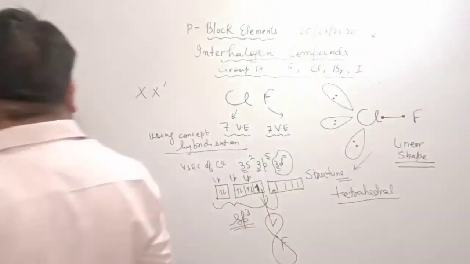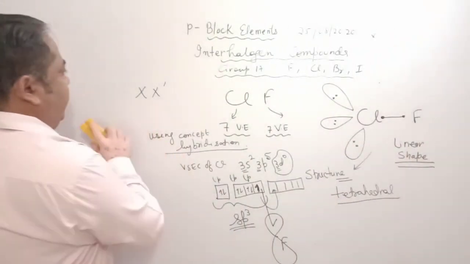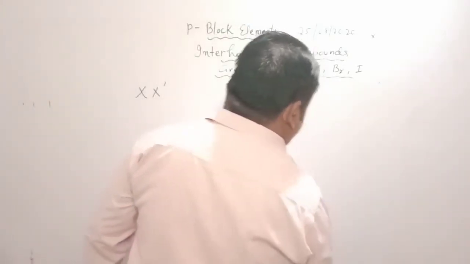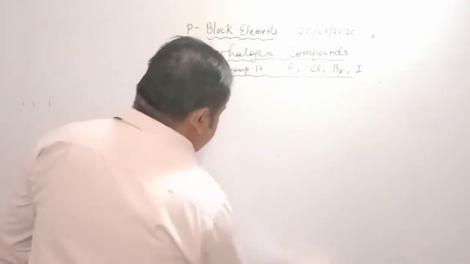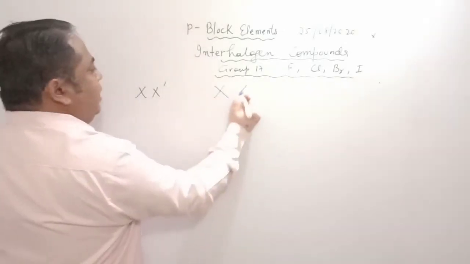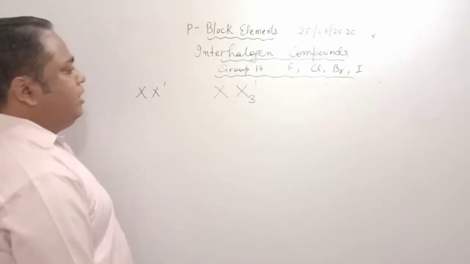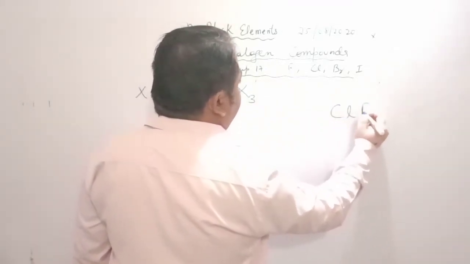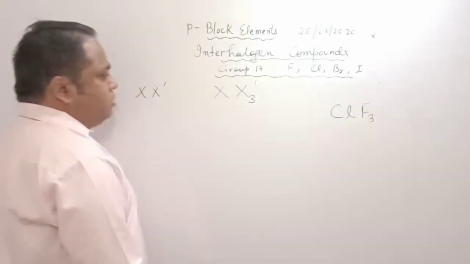Next, I'll take X3 type of interhalogen compounds. Let us take X3 type of interhalogen compounds. So ClF3 if I take, or you can take BrF3 also.